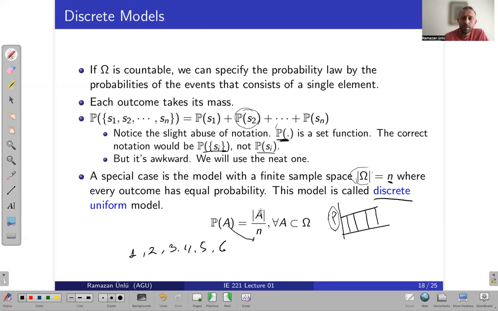How many elements are in event A? It's 1, because there is only one 2. And the cardinality of the sample space, the total number of elements, is 6. So the probability of event A, getting a 2, is 1 over 6.